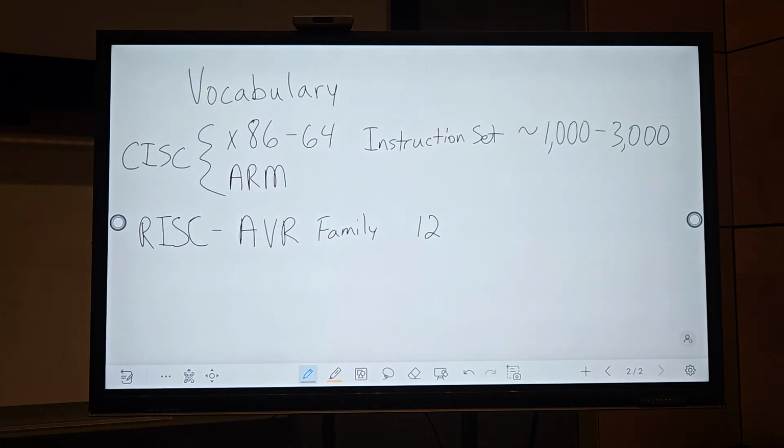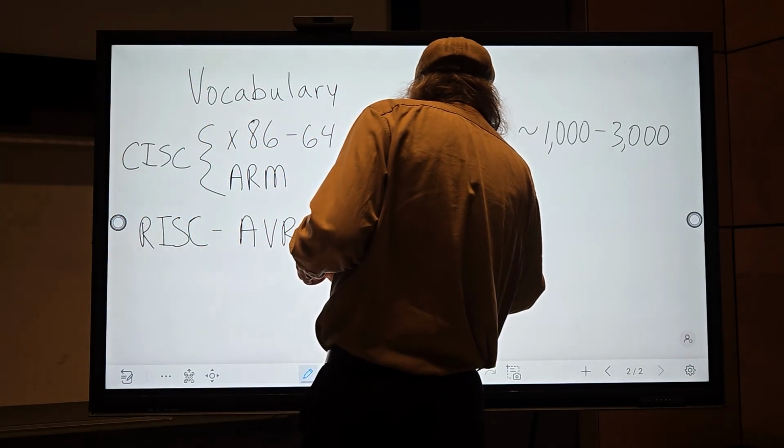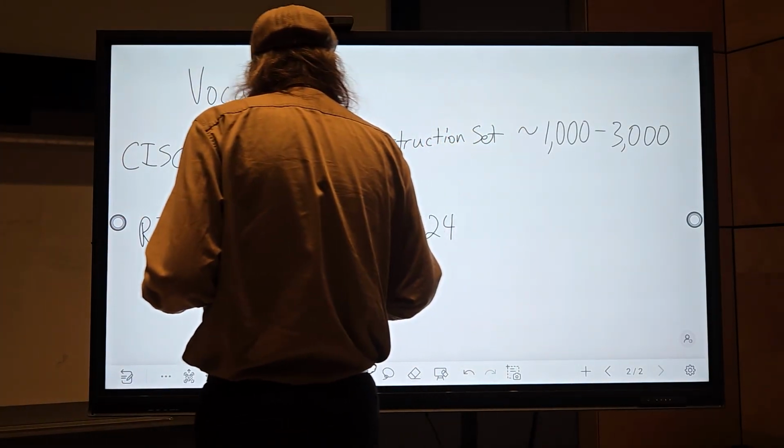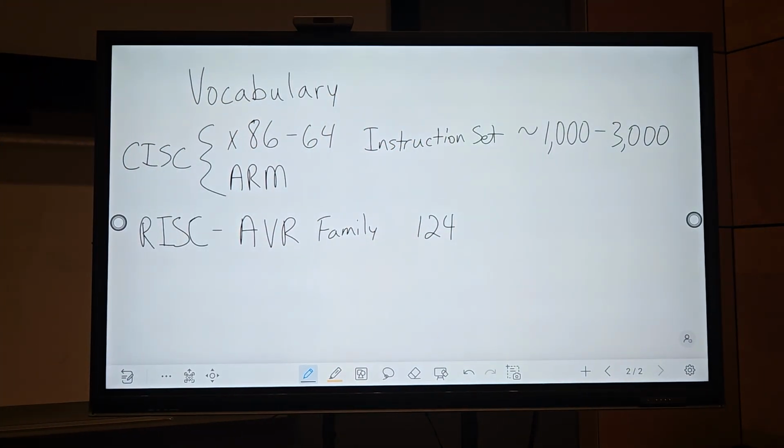Where is it? Okay, 124 instructions. That's it. Much easier to learn. Each instruction does a little bit less, but definitely within the realm of easy to learn. For a CISC processor, complex instruction sets, a little bit less so.